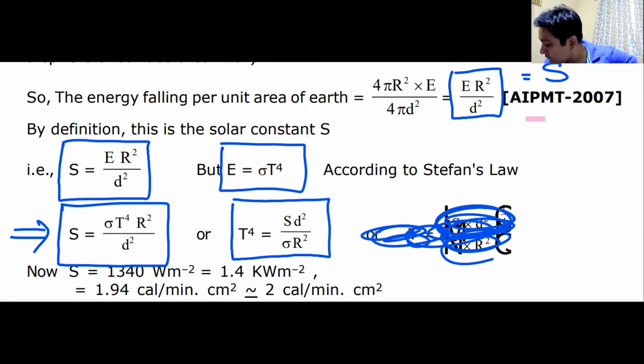The value of the solar constant is 1340 or 1.4 kilowatt per meter square or 1.94 calorie per minute or 2 calorie per minute per centimeter square. So note this down. All these formulas, any one formula can come.